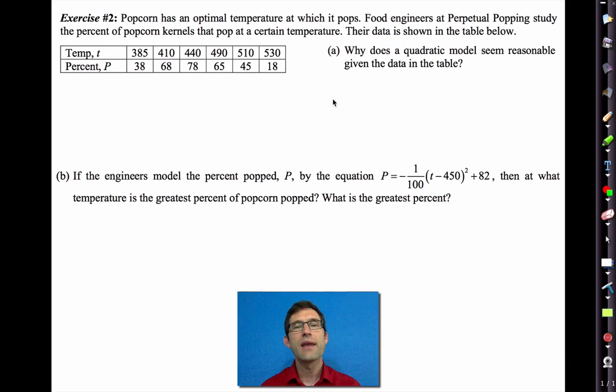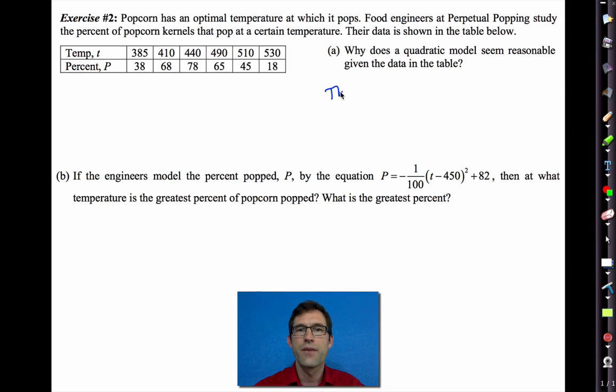In a certain sense, you almost want to ask, why doesn't a linear or an exponential model work well? Linear and exponential models either always increase or they always decrease, as we talked about a couple lessons ago when we reviewed them. But quadratic models have turning points. So let me write it this way.